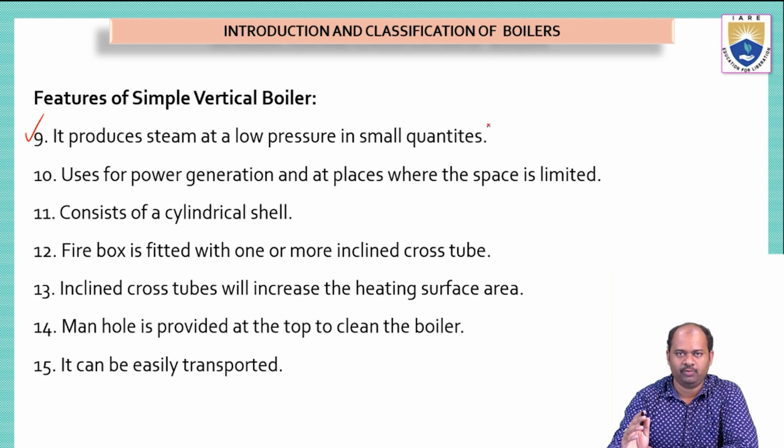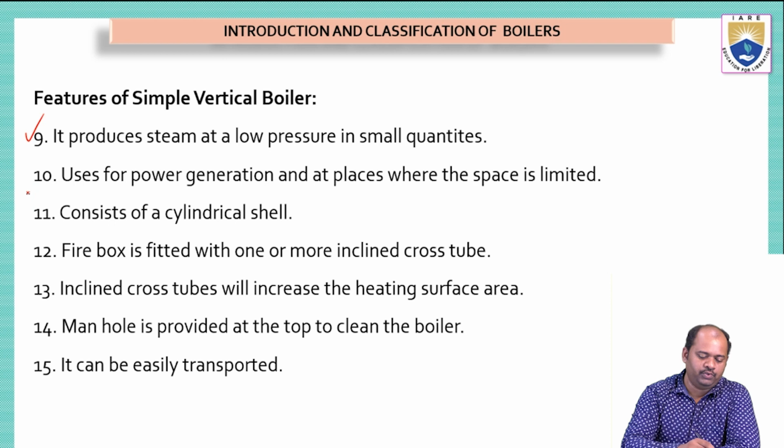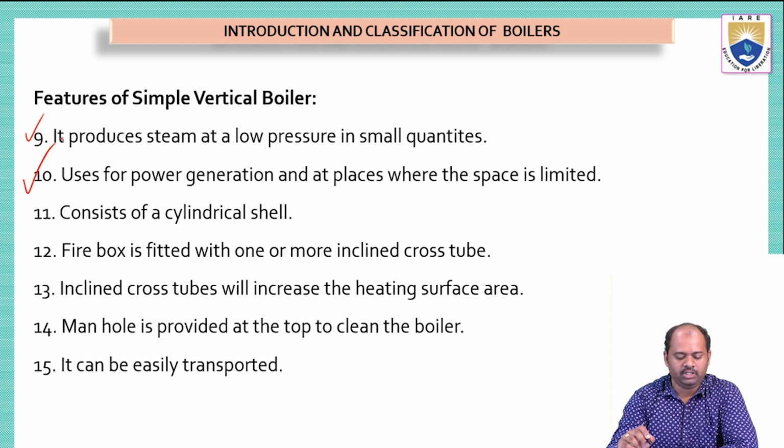So this is a simple boiler where we can get only a very small quantity of steam at very low pressure. It is used for power generation at places where the space is limited. So we can say that this is a compact, very small sized boiler.